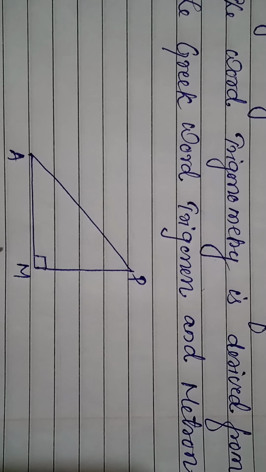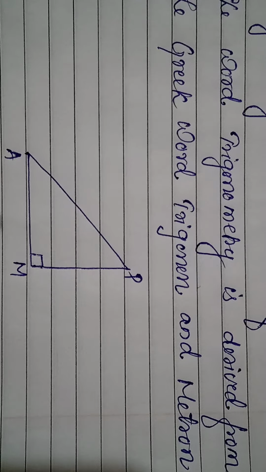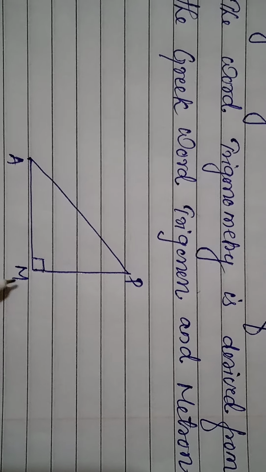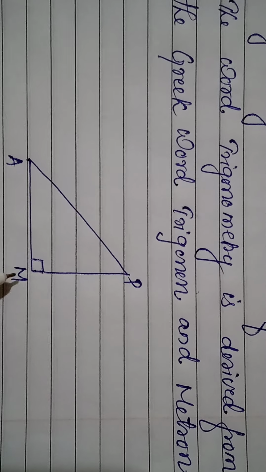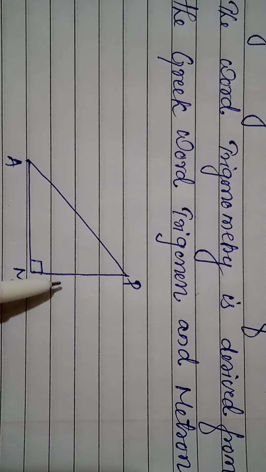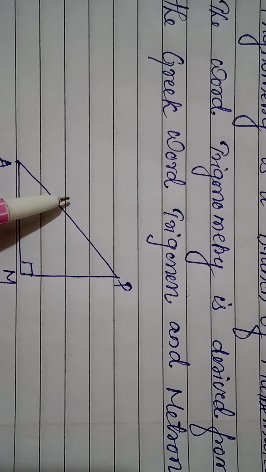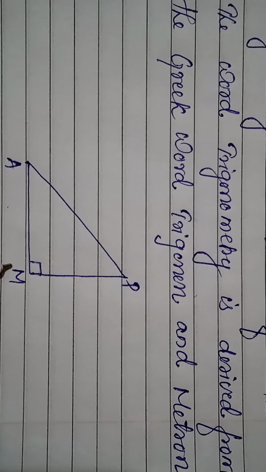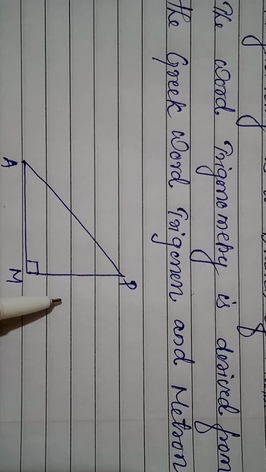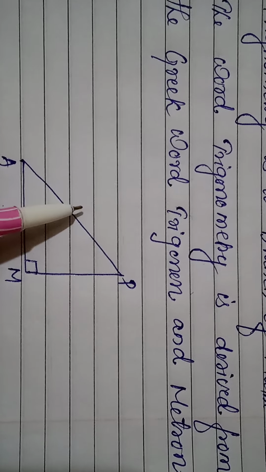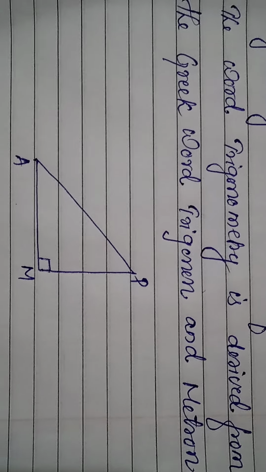So in the right angle triangle, this AM is called the base and this PM is called the perpendicular, and this is called the hypotenuse. Understood? I will write for you.